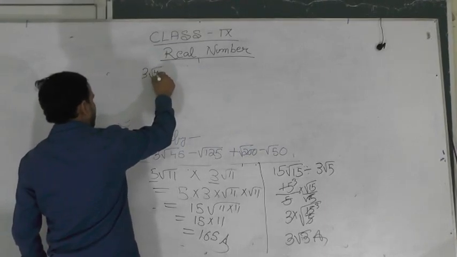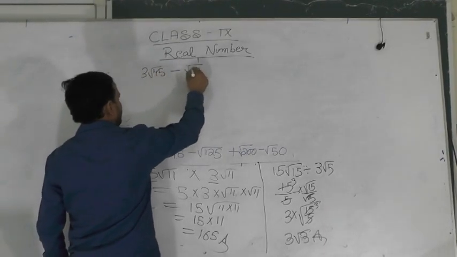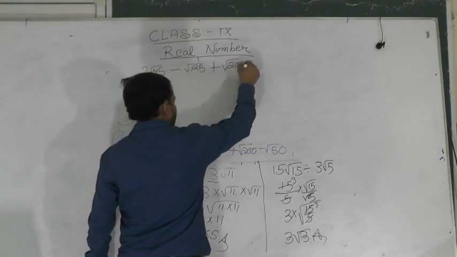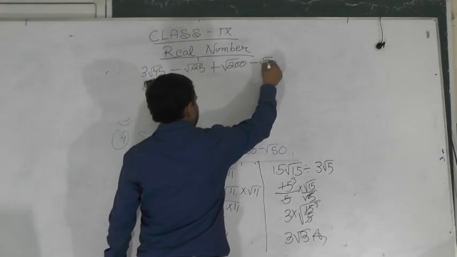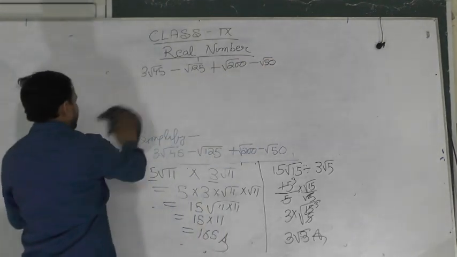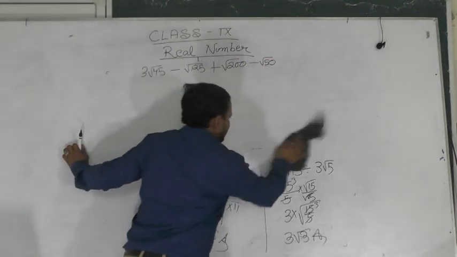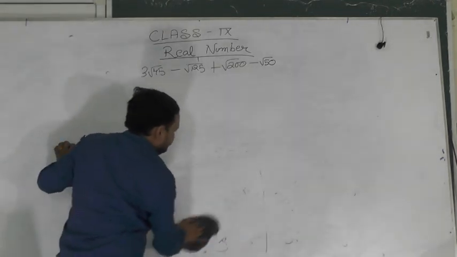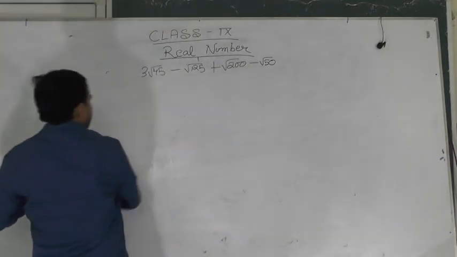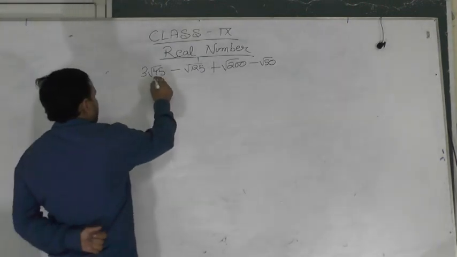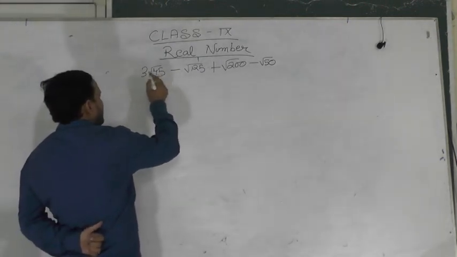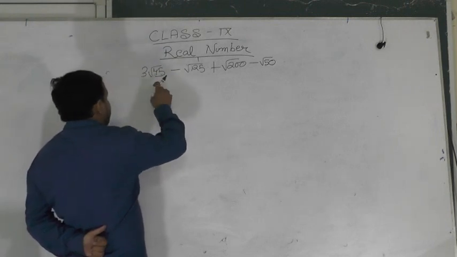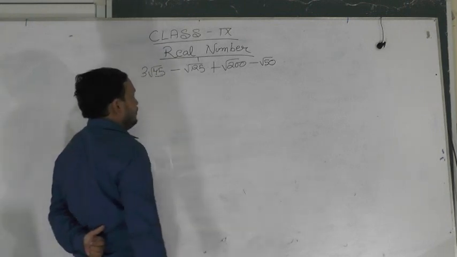3 root 45 minus root 125 plus root 200 minus root 50. For this, first you have to check whether the irrational part can be factorized into simple form or a product of prime numbers.